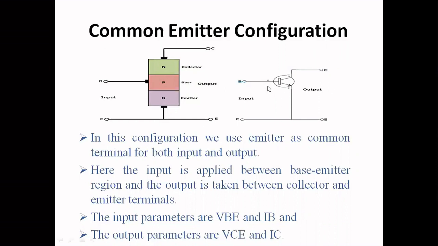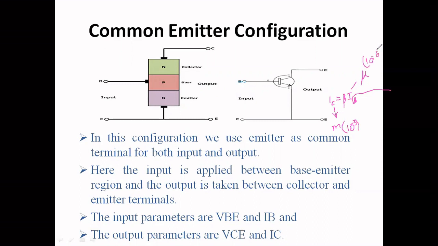Suppose you give a current of microamps. You may remember, for the CE amplifier you already studied in PUC or 12th standard, IC is equal to beta IB, isn't it? The IB will always be in microamps, and you will be getting the collector current in milliamps. Milliamp is 10 raised to minus 3 and micro is 10 raised to minus 6.